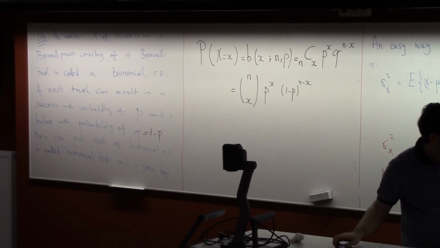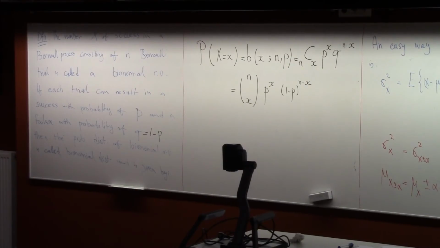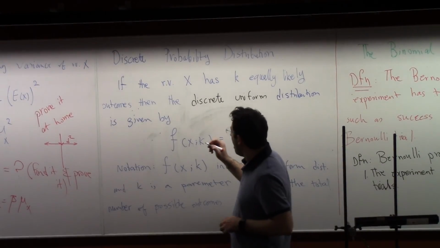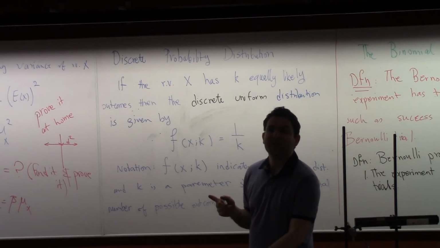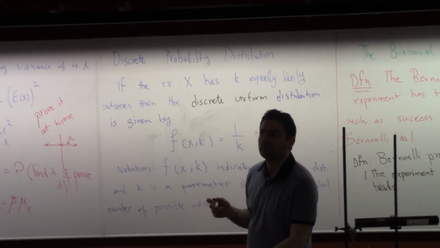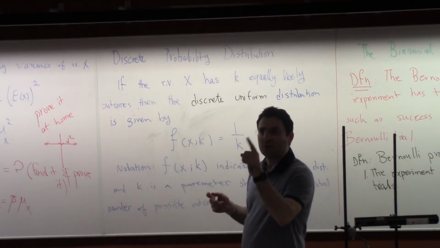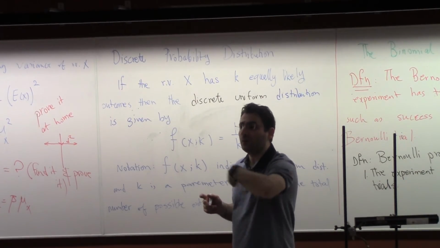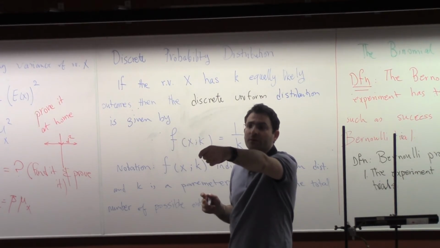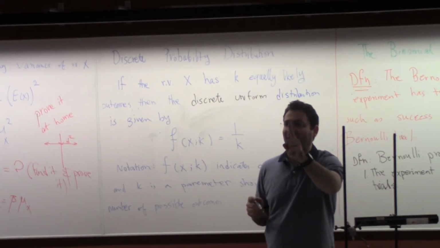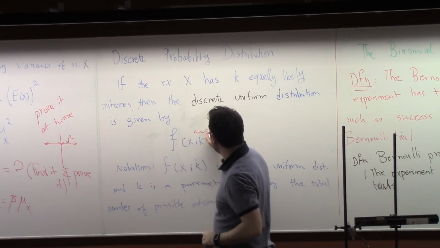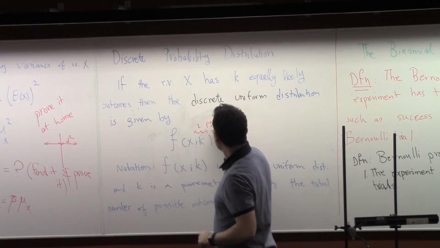So let's step back to when we were talking about a uniform distribution. How many parameters do we have in a uniform distribution? One. In order to give you a full description of a uniform distribution, I only need to tell you k. So here we have only one parameter.